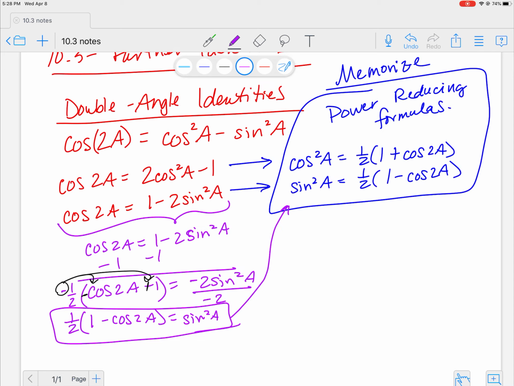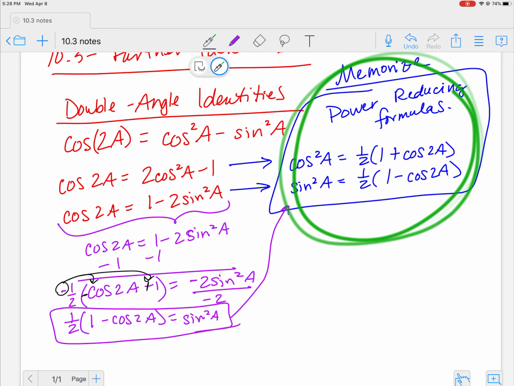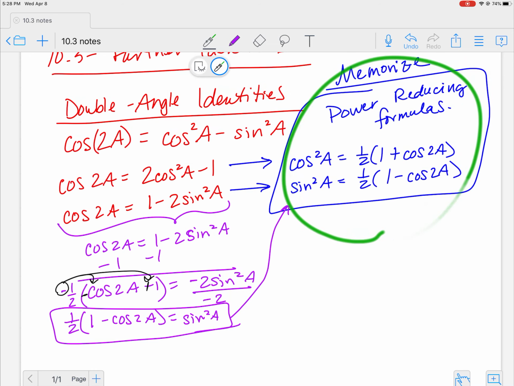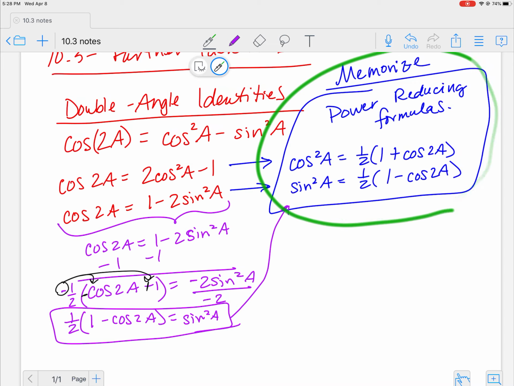So what we really have here is this 1/2, 1 minus cosine 2a is equal to my sine squared. Same thing. All right? So that's the same thing. And we're going to use it in this form.